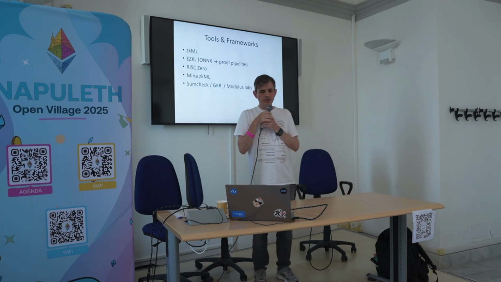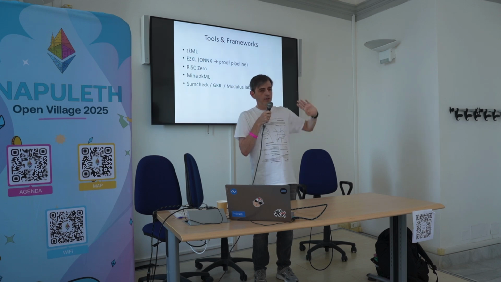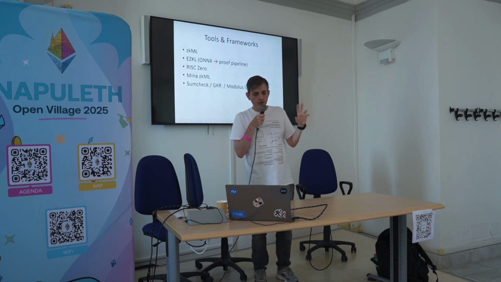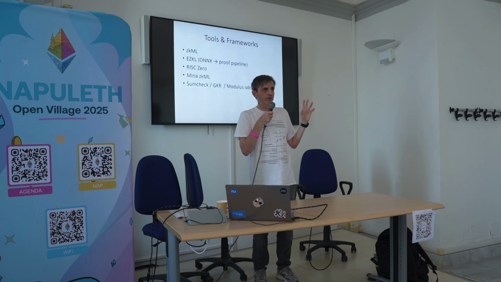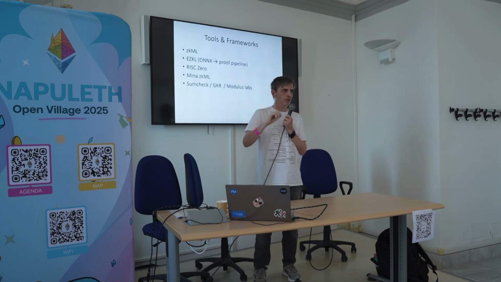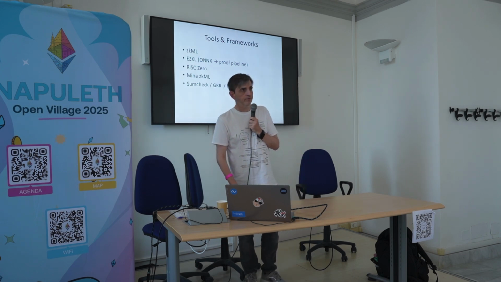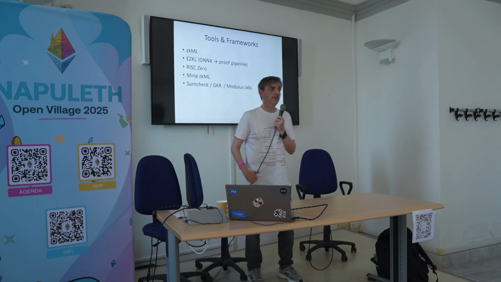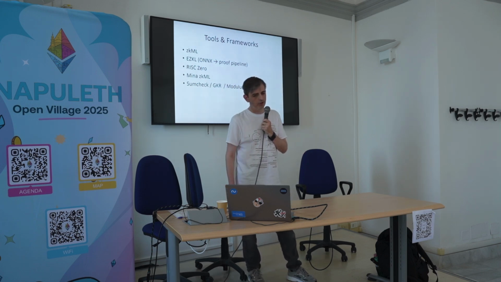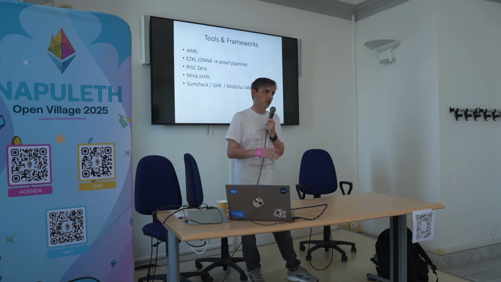RISC-0 is a slightly different approach because this is a way of doing computation and then proving it. It allows any kind of computation, which means that you can also do machine learning with that, and people have done this. But again, you really do need optimization when you're trying to do zkML, so it doesn't naturally fit together very well. If people are aware of the Mina blockchain, they have their own library called Mina zkML, which takes an approach which I think could be promising.